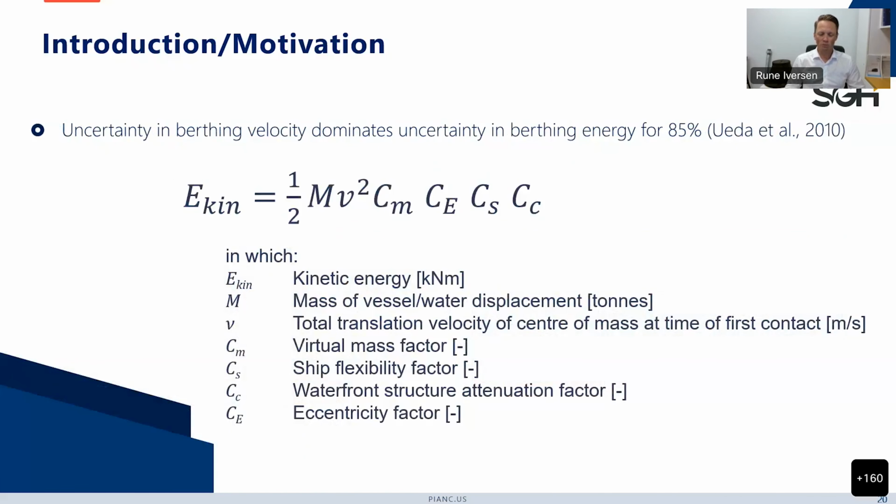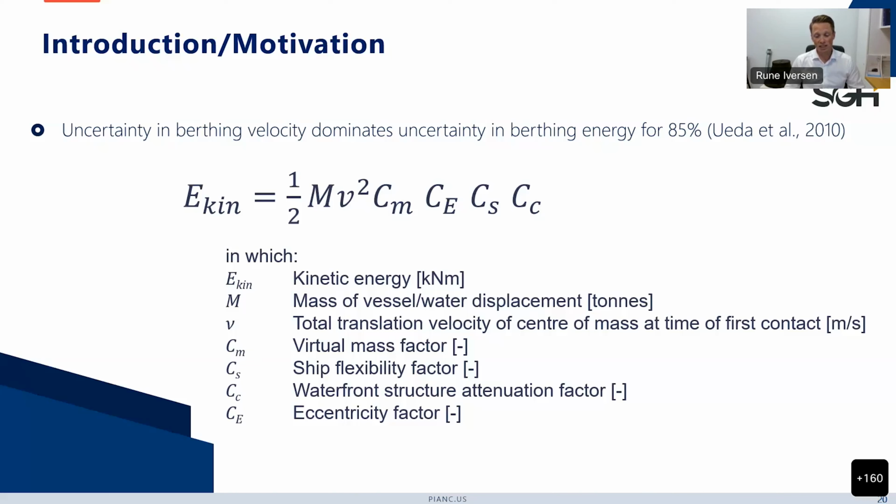I think everybody here hopefully has seen this equation for calculation of kinetic energy of a vessel coming in that needs to be absorbed by a fender. And one of the important things here is that in 2010, in a study done by Professor Ueda from Japan, it was determined that the uncertainty in berthing velocity dominates the uncertainty in berthing energy, with about 85% contribution on that uncertainty from the velocity.